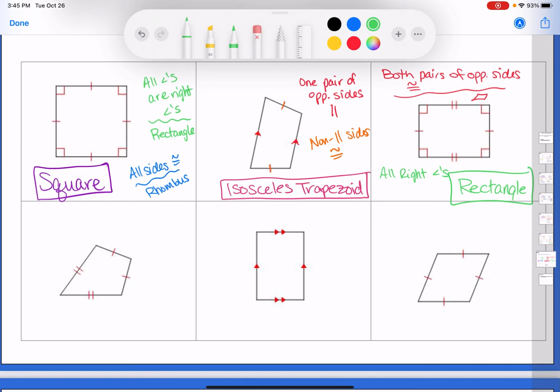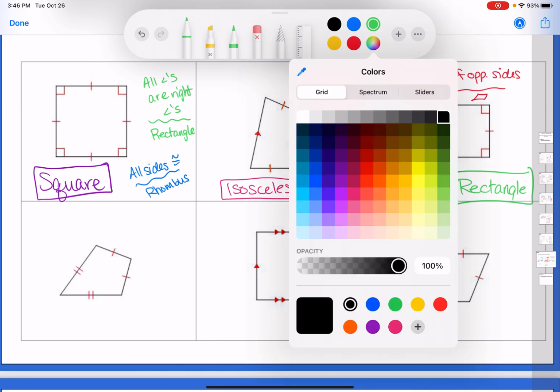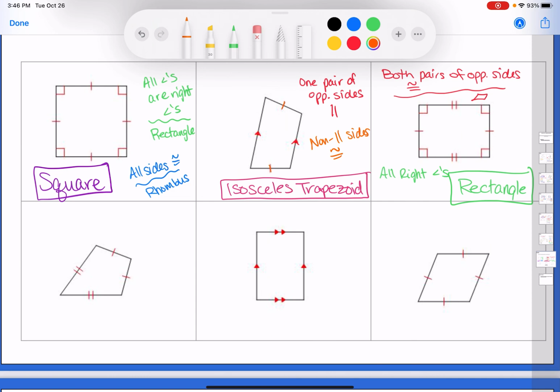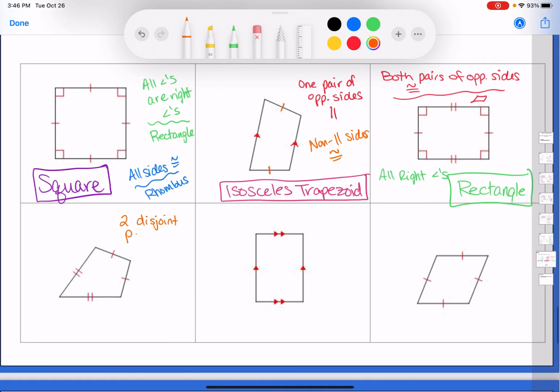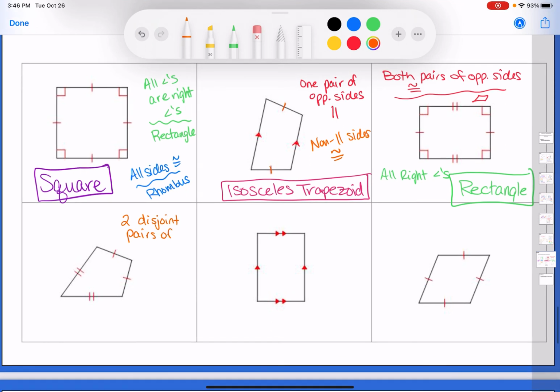All right, let's see. I see on this bottom one, two disjoint pairs of consecutive sides congruent, right? Two disjoint pairs of sides congruent. That's gotta be a kite. What do I see in the middle here?